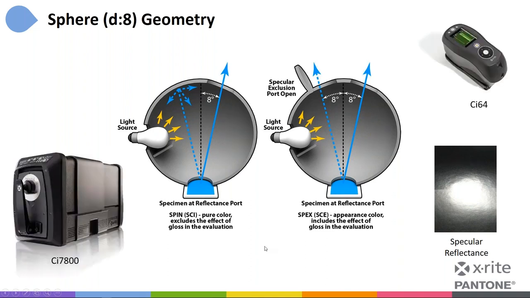Now, some examples: we've got benchtop sphere devices like the CI7800. We've got handheld sphere devices like the CI64. Both of them have the ability to do specular included and specular excluded, and they're using the same basic principles for how they measure color. So that's the second geometry, what we'll call sphere.